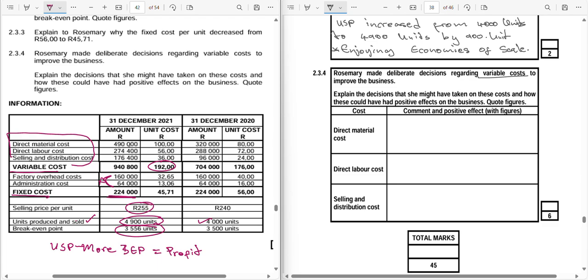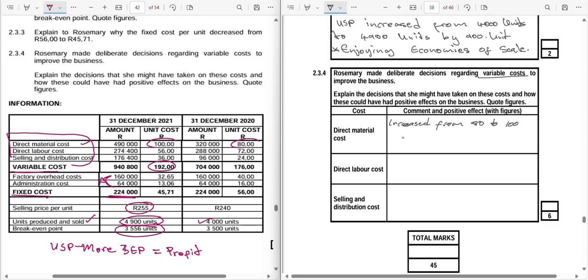When you comment, you don't have to stress yourself. They make things easier for you. They gave you direct material. You can use amounts or units if you want. If you check, it has increased. This is bad. So you are going to say increased from 8 to 100.